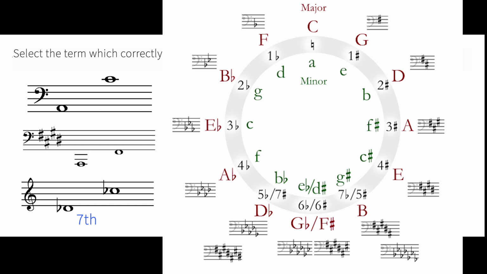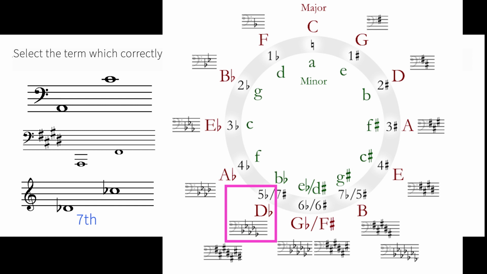So when we go to the circle of fifths, we can see that D flat major has got 5 flats. It's got a B flat, an E flat, an A flat, a D flat, and a G flat. Nowhere in that list is there a C flat, which means that in D flat major, we've actually got just a C natural.